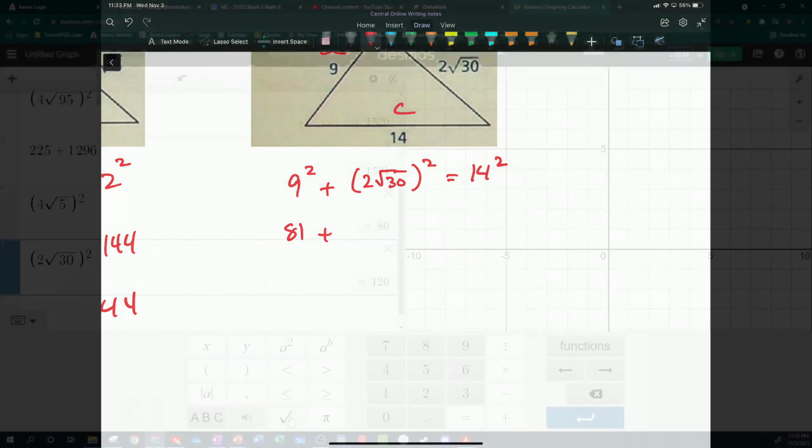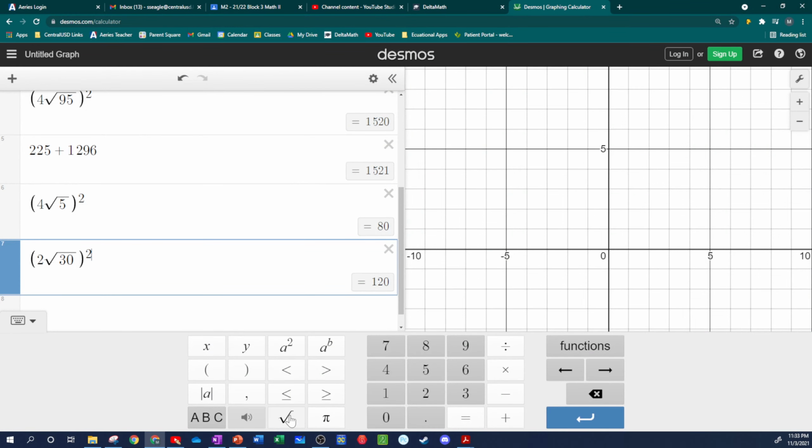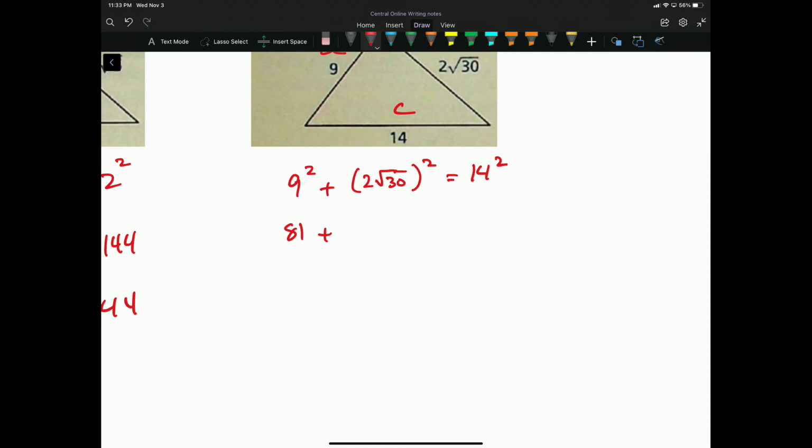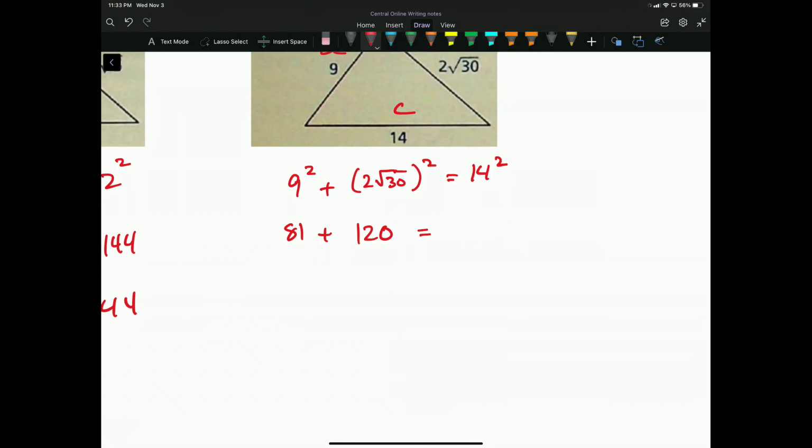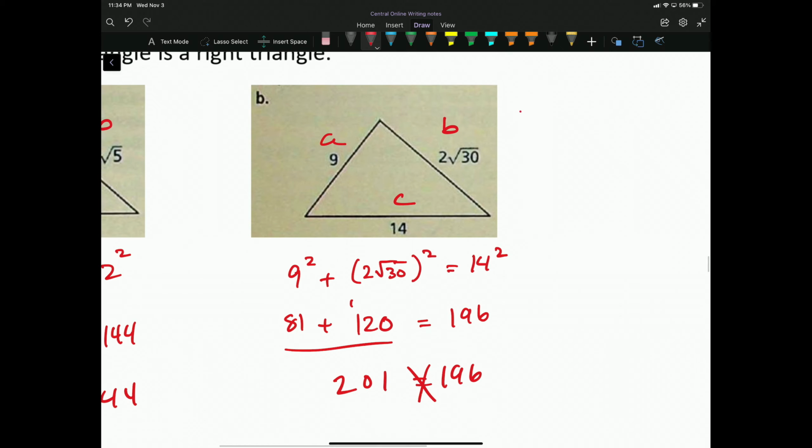Sorry, I was typing that onto Desmos. 2 times the square root of 30, squared, is going to be 120. So we got 120. And then 14 times 14, 14 squared, so we have 196. All right, so we got to combine like terms. 1 plus 0 is 1. 2 plus 8 is 10. Carry the 1. So we have 201 equals 196. Okay, that is not true. So this is going to be not a right triangle.